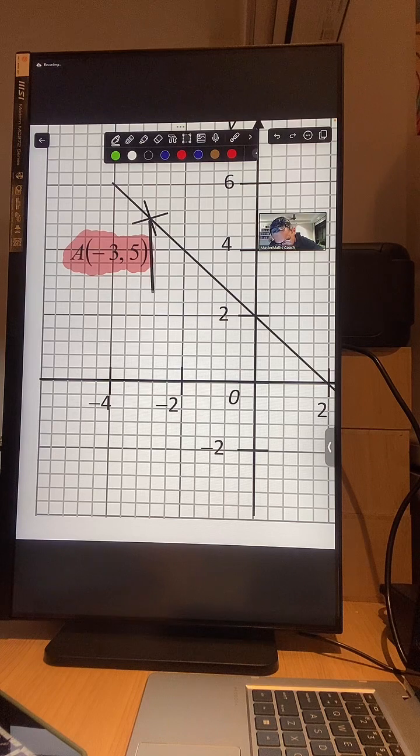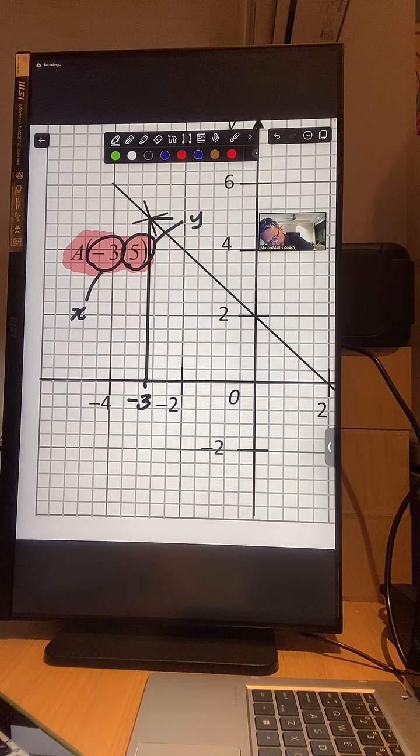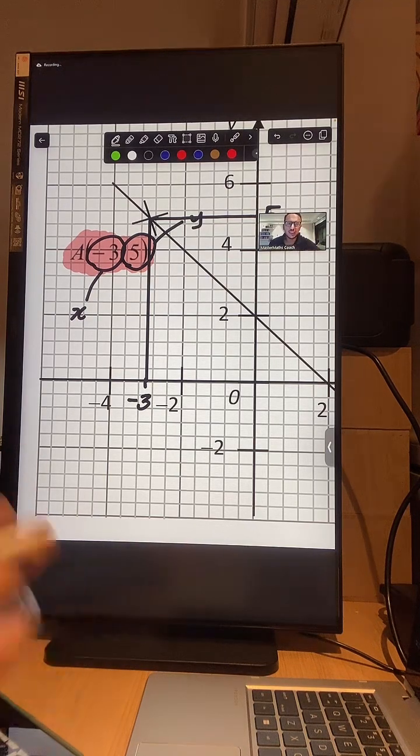Let's say I drop a line down. This point here will be -3. So this is the x coordinate. Then this 5, this is your y. If you take a line here and extend all the way to your y-axis, this will be 5. So that's how they come up with the coordinates of that particular point. The coordinates of that particular point will be -3, 5.